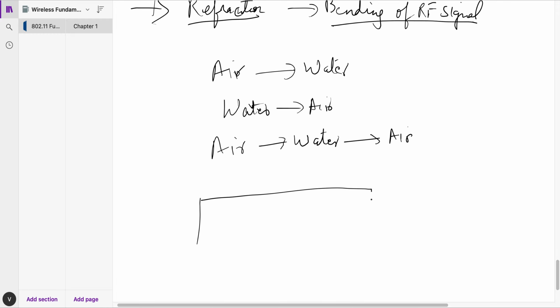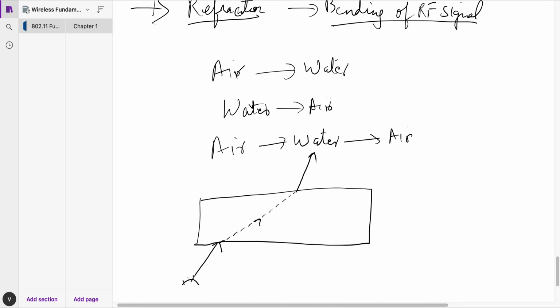For example, if you are standing in a swimming pool, let's say this is air, your signal comes right here. Then when it moves to a different medium of different density, the radio signal will bend a bit. Instead of going straight, it will bend a bit, and then when it goes out, it again moves out like this. Now, due to this bending, refraction happens.